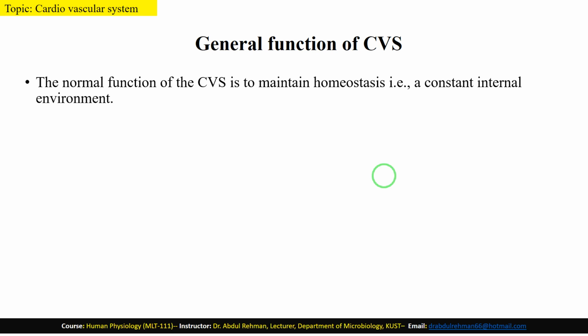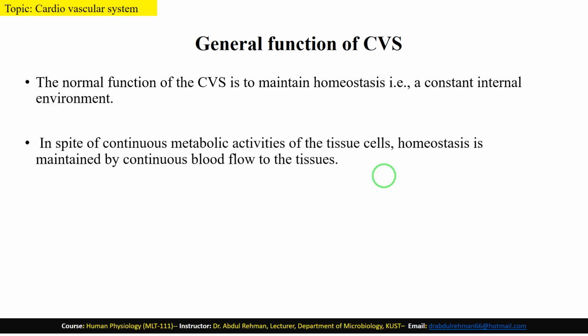In these conditions, the organism can perform its optimal activities and maintain its different variables up to preset limits like body temperature and body fluid. So during metabolic activities within tissues, there might be chances that the internal homeostasis conditions will be disturbed, but the cardiovascular system will maintain it by continuous supply of the blood to the tissue.